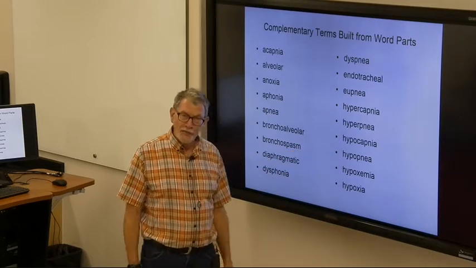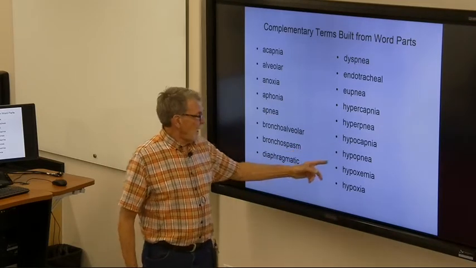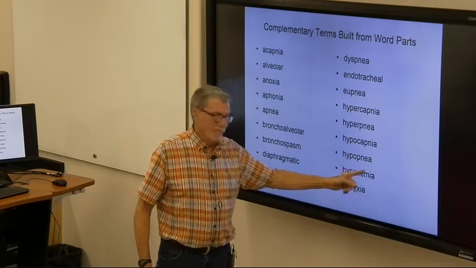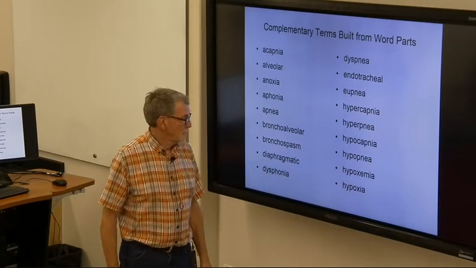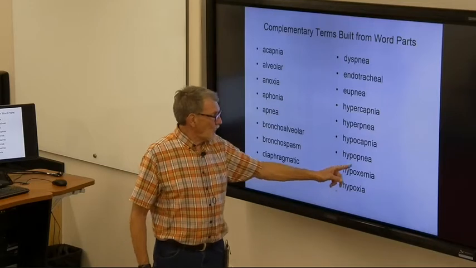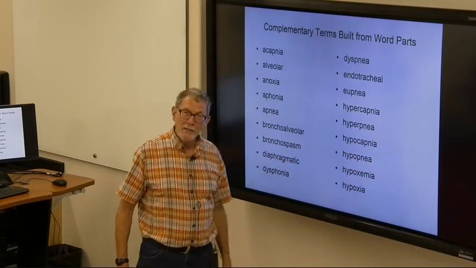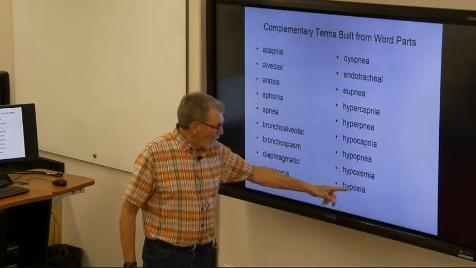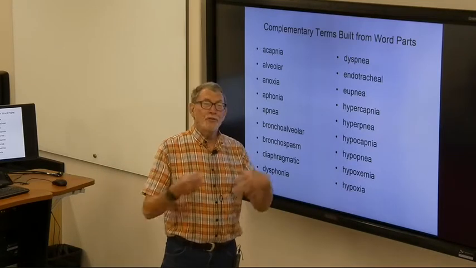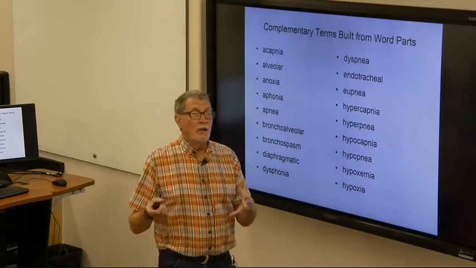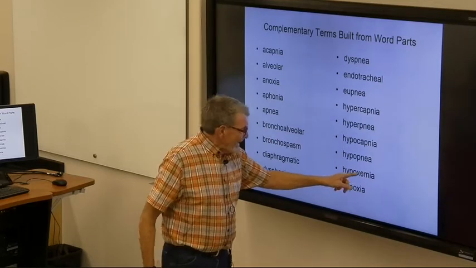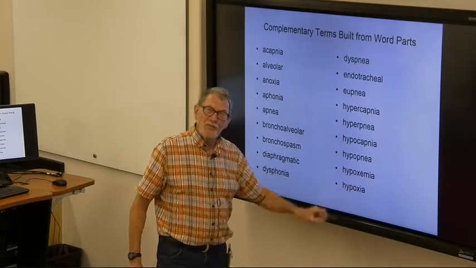Hypocapnia, not enough CO2. Hypopnea, not enough breathing. Hypoxemia, not enough oxygen in the blood. Hypoxia really means there's not enough oxygen wherever you're talking about. Emia is definitely specific to blood.